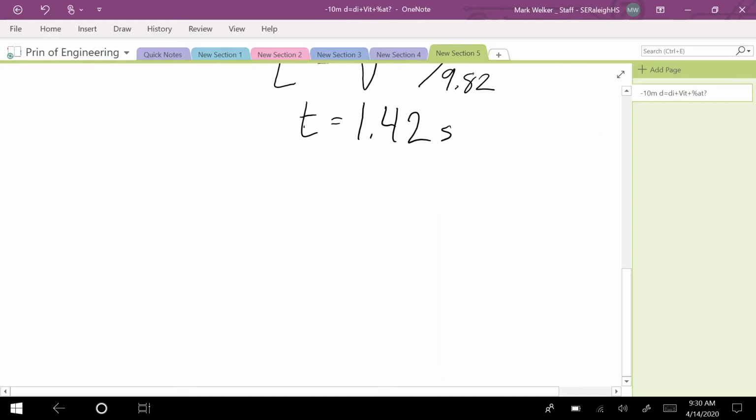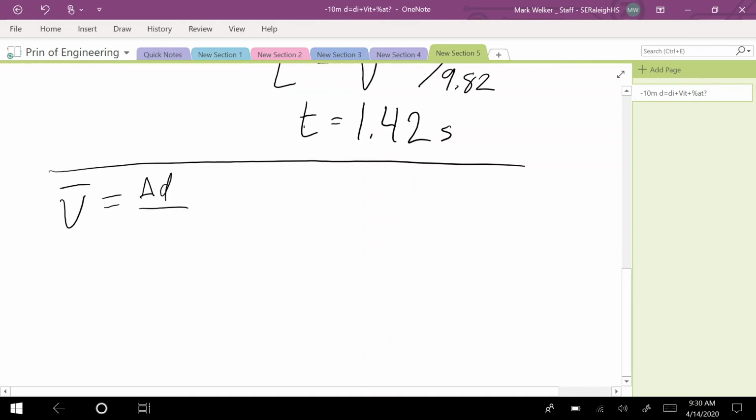Knowing our initial speed, this is where we're looking at horizontally. v equals the change in distance divided by the change in time, or we're going to have it rewritten as average velocity times the change in time is equal to our change in distance. And this is all horizontally.